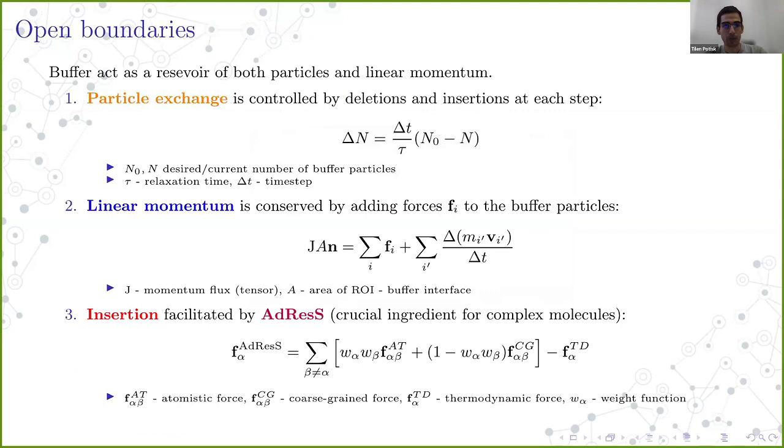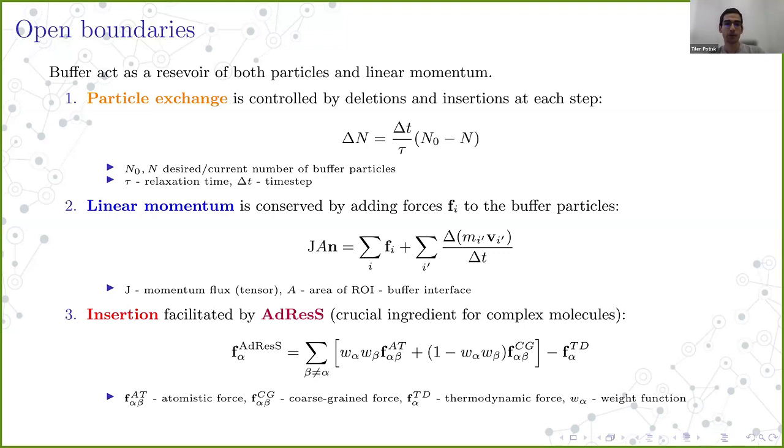First of all, you need to make sure that you have particle exchange. This is simply done here via this relaxation type of equation, where delta n stands for the number of particles that needs to be inserted or deleted at a given time step.